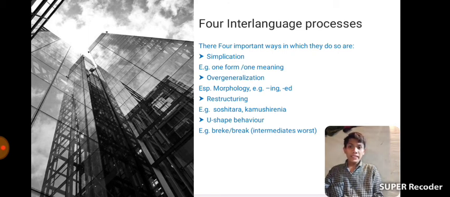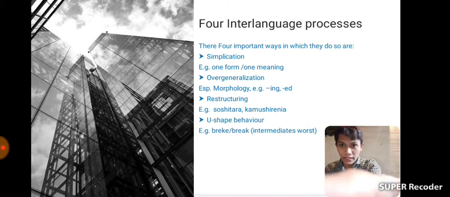Example: -ing or -ed. Number three, restructuring. Example given: Sositara Kamus Serenia. Number four, U-shaped behavior. Example given: break, breaked, or broke. Intermediate words.